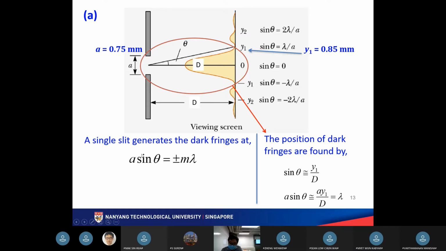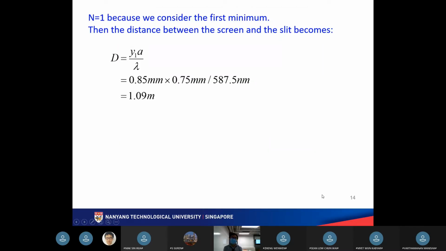If you replace sin θ by y₁ divided by d, you get a y₁ divided by d equals λ. a, y₁ and λ are given, so we can rearrange this equation to get d. It's about 1.09 meter. Any question? No question.